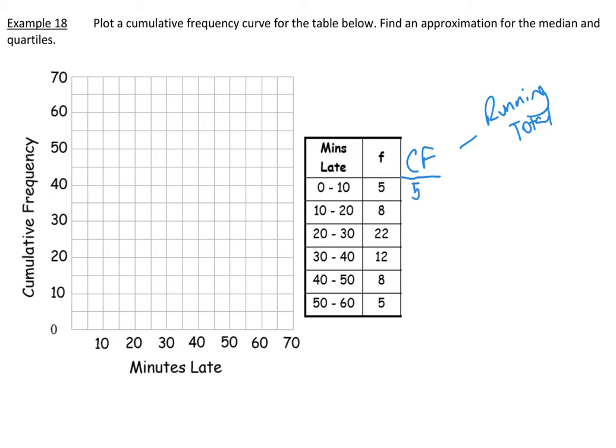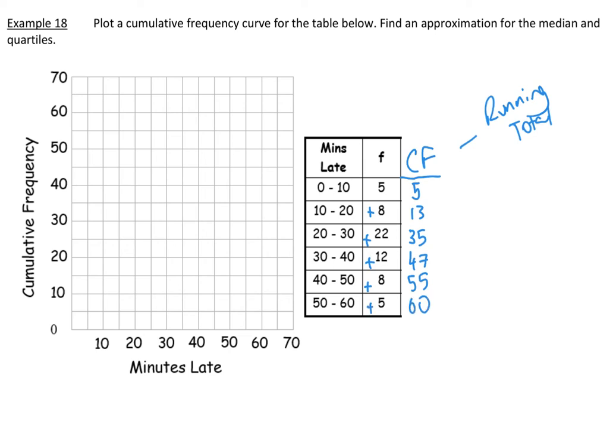Up to 20 you've got the 5 plus the 8, which gives 13. For the next set, we add 22 onto 5 and 8 to give 35. We add on another 12 to get 47, add on 8 to get 55, and add on 5 to get 60. So these are the cumulative frequencies.